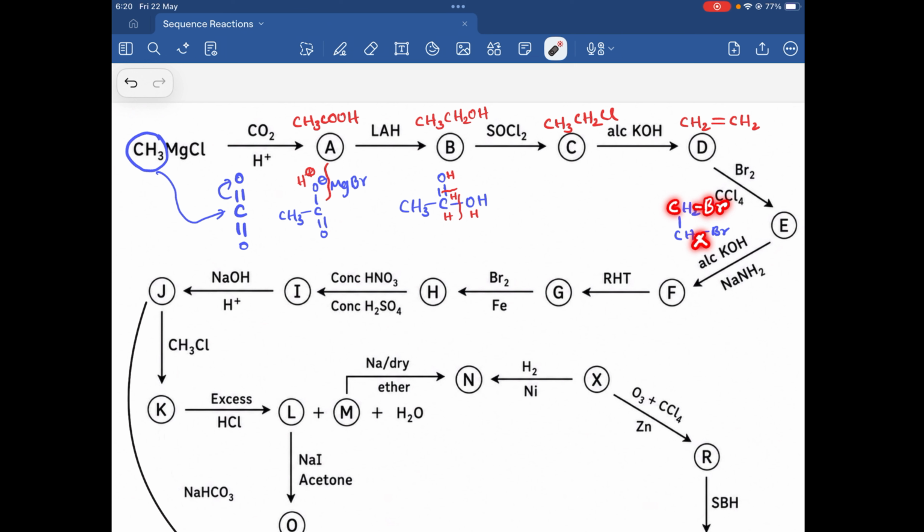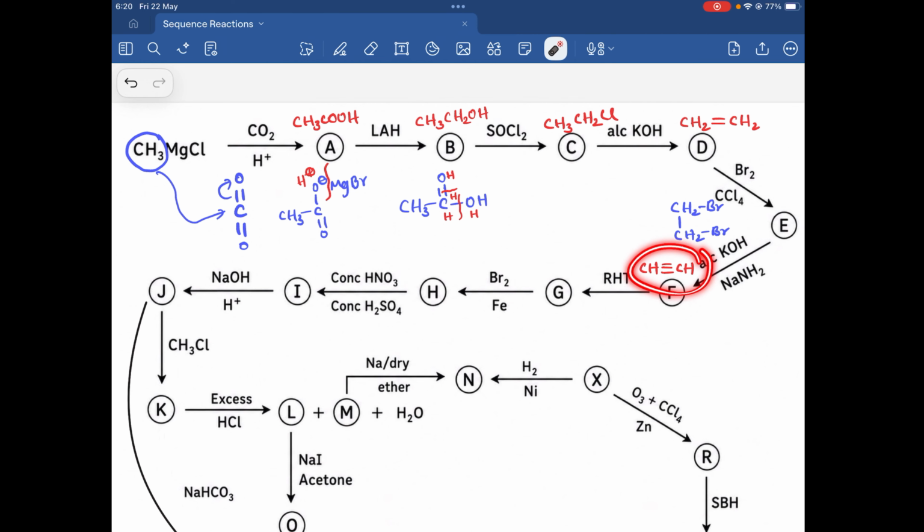On the second dehydrohalogenation, you remove Br from this carbon, hydrogen from this carbon. So now we are having only CH. And whenever you remove 1 mole of HBr, you will get 1 pi bond. Second mole of HBr means another pi bond. So together we'll get CH triple bond CH, which is ethyne. So here F is CH triple bond CH.